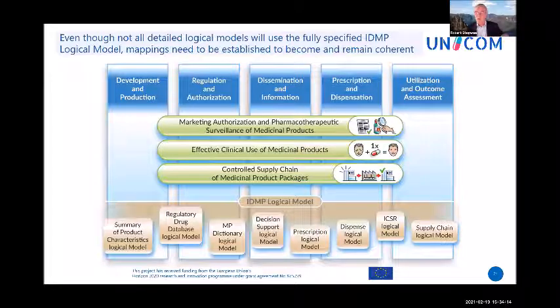So we try to model those in an IDMP logical model, and whenever someone comes in and says, well, this is my part of the puzzle and I'm going to solve this, that's where you can map to your IDMP logical model. And how you could actually use this logical model in real life is on the next slide.